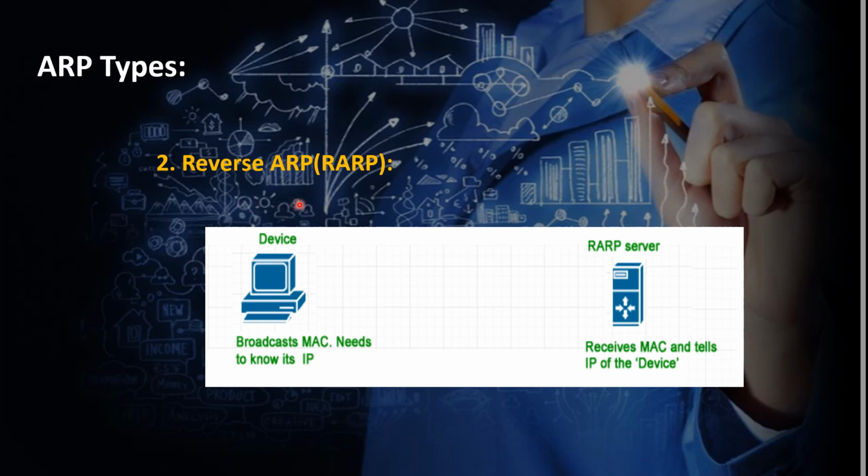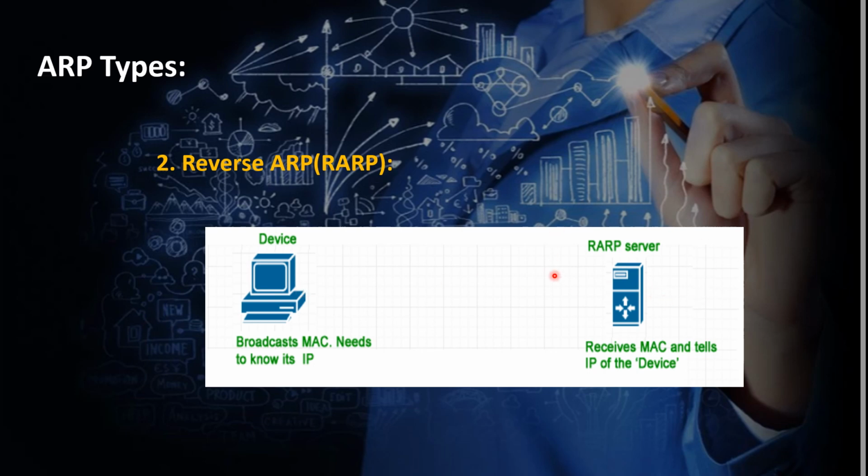While booting up, the device sends a request to the RARP server, because the server already has all the information about this device. It says, hey, I know my MAC address but I am not aware of my IP address, could you please help me?